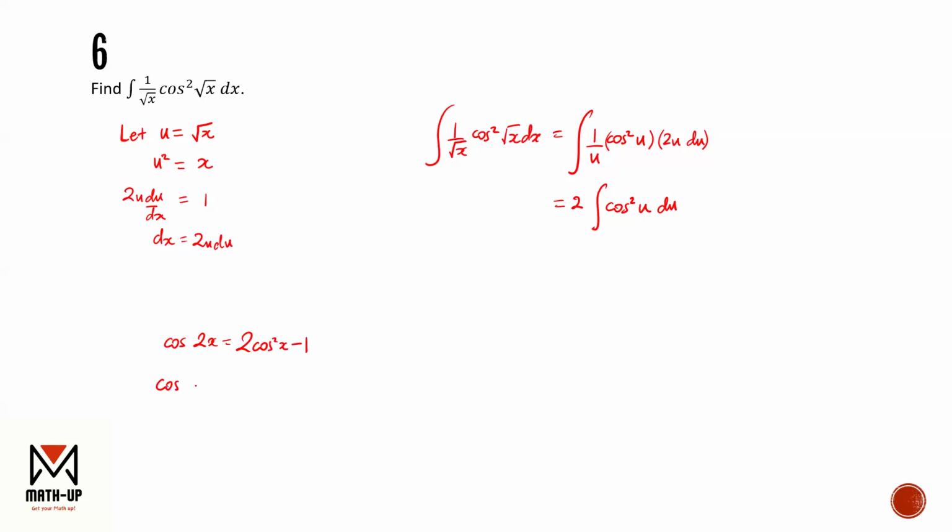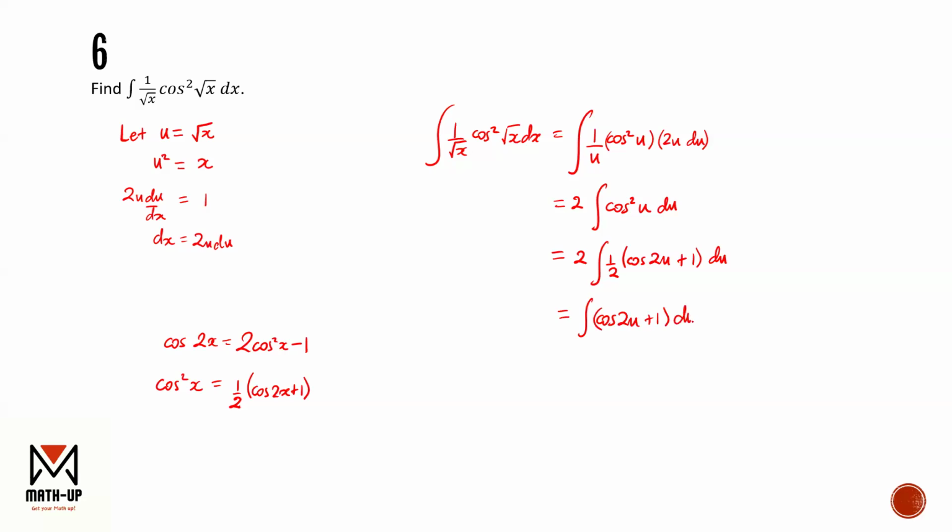So this is in fact equal to a half times cos 2x plus 1. Similarly, this is equal to a half times the cos of 2u plus 1 with respect to u. Now the 2 and the half take each other out as well, so we just have the integral of cos of 2u plus 1 with respect to u.